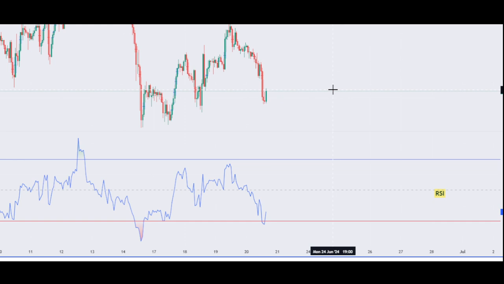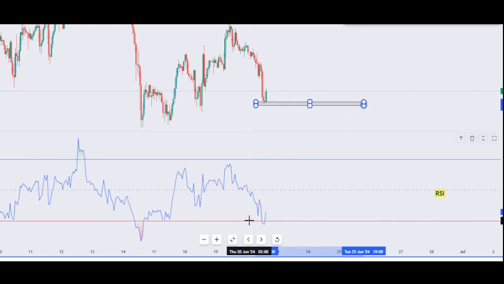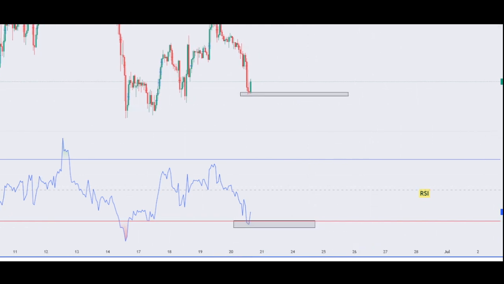Now if you look at this current price action here, you can see this is the lowest zone that reached the RSI zone. Pay attention to this, guys.